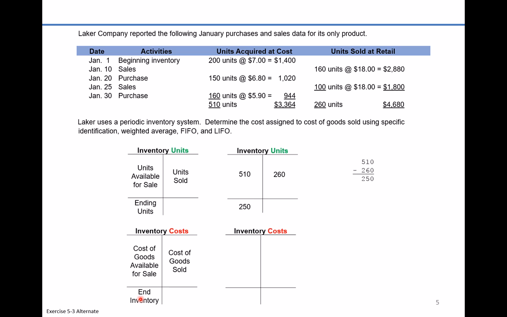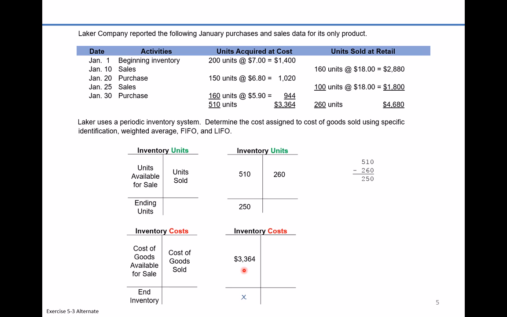Let's put some numbers to this. So for the inventory cost, their cost of goods available for sale, the cost of all the purchases they made plus what they started off with in the month, was $3,364. Our task now is going to be to decide, well, what was the value of all the stuff that was sold?